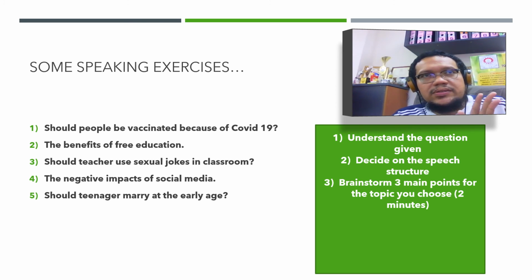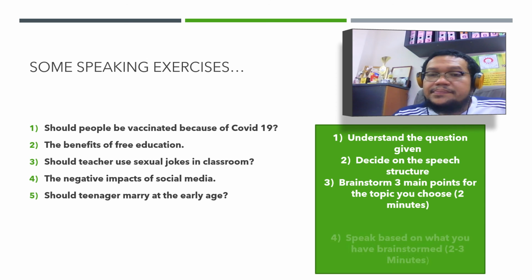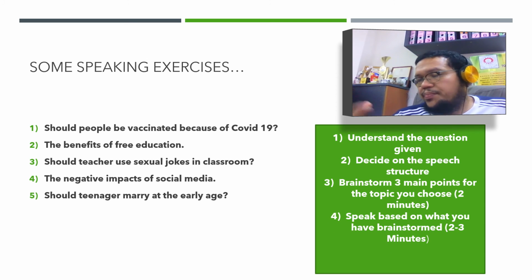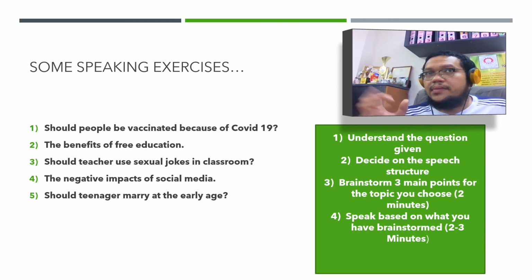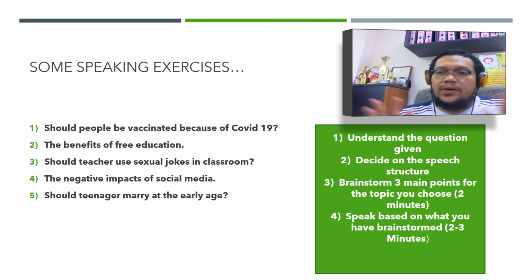And please try to use only 2 minutes to brainstorm the main points, the content. All right, and then speak for about 3 minutes on what you have brainstormed. Try to include also introduction and conclusion with your content. All right, and then you are good to go.